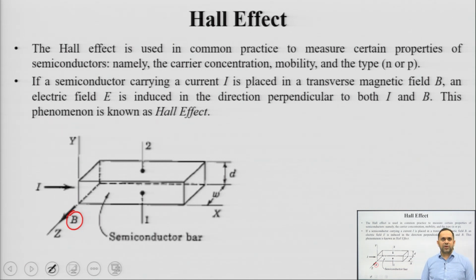From the purpose point of view, Hall effect is used very commonly to measure very critical parameters of any semiconductor. These critical parameters are carrier concentration, meaning how many charge carriers, whether electrons or holes, are present per unit volume, the carrier mobility, and the type or polarity of the semiconductor, basically whether your semiconductor is N type or P type.